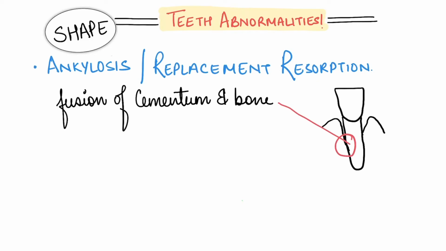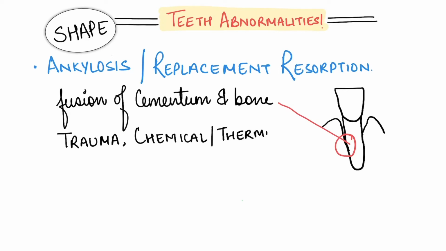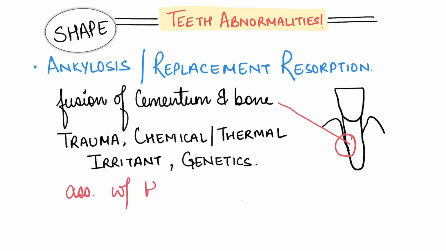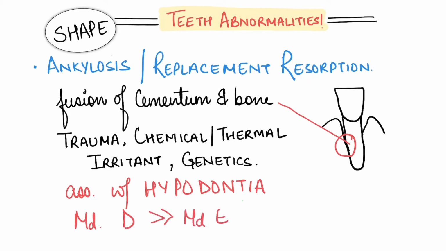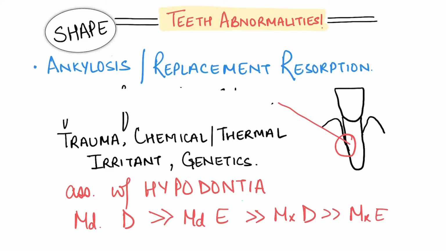The main factors that cause ankylosis are trauma and any chemical or thermal irritation, and sometimes, very rarely, it is seen due to genetics also. The most commonly ankylosed tooth is the mandibular primary first molar, followed by the mandibular primary second molar, followed by the maxillary primary first molar, and then the maxillary primary second molar.